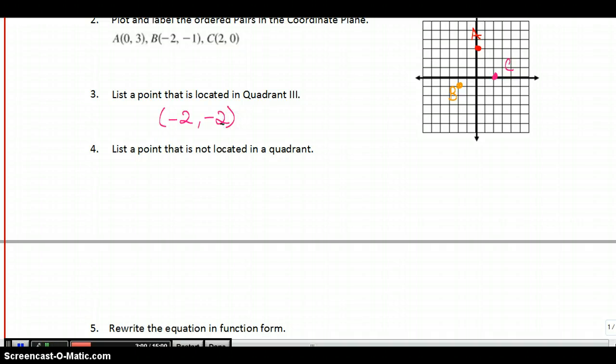That's a point that's located in quadrant 3. Okay, now list a point that's not located in a quadrant. Any ordered pair that has a 0 in it. So the point 0, 0 is not located in a quadrant. The point 0, 2 or the point 3, 0.